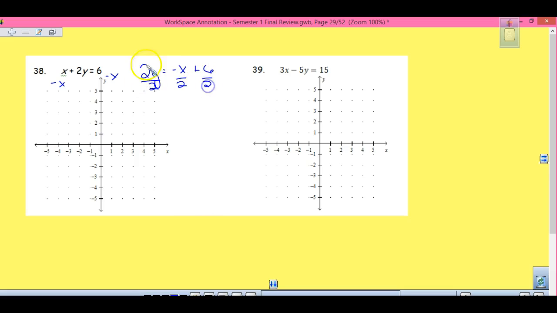Divide everything by 2, so y equals -1/2 x plus 3. So what is my starting point? 3. And then I go down 1 over 2, because it's that -1/2. Okay, so be careful with whether or not it's positive or negative.